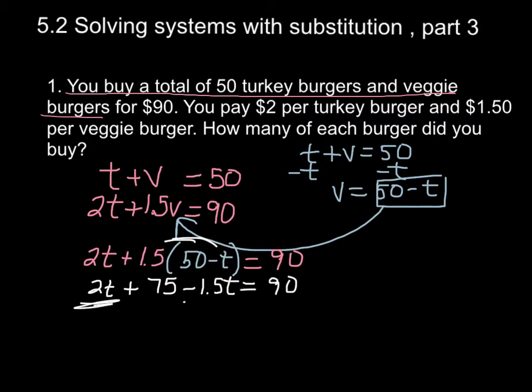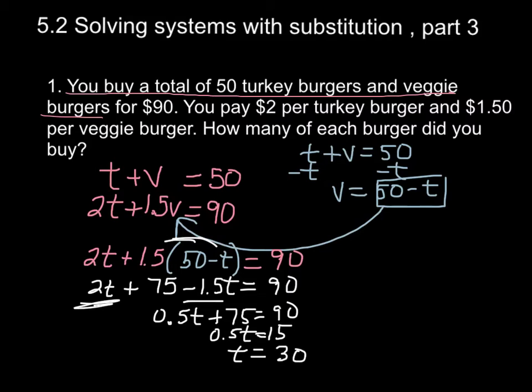I combine like terms. 2T minus 1.5T is just a half T. So 0.5T plus 75 equals 90. I subtract 75 on both sides. 90 minus 75 is 15. The last step is taking 15 divided by 0.5, and that's going to give us T equals 30.